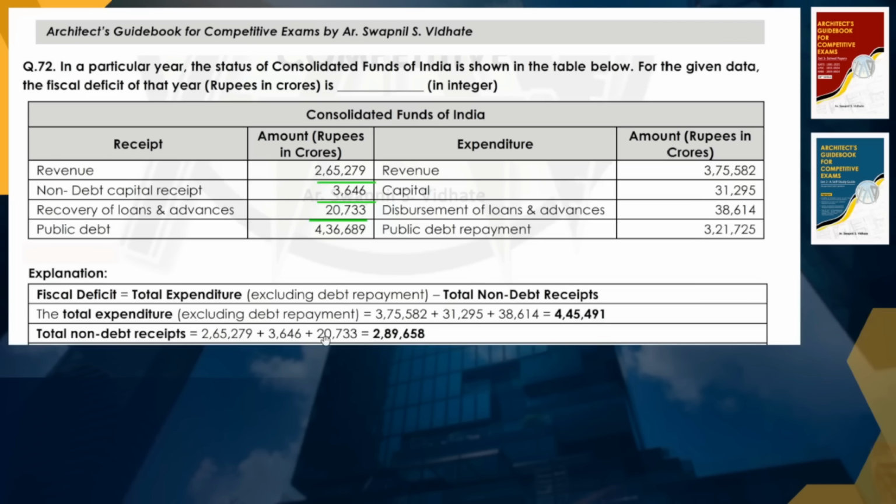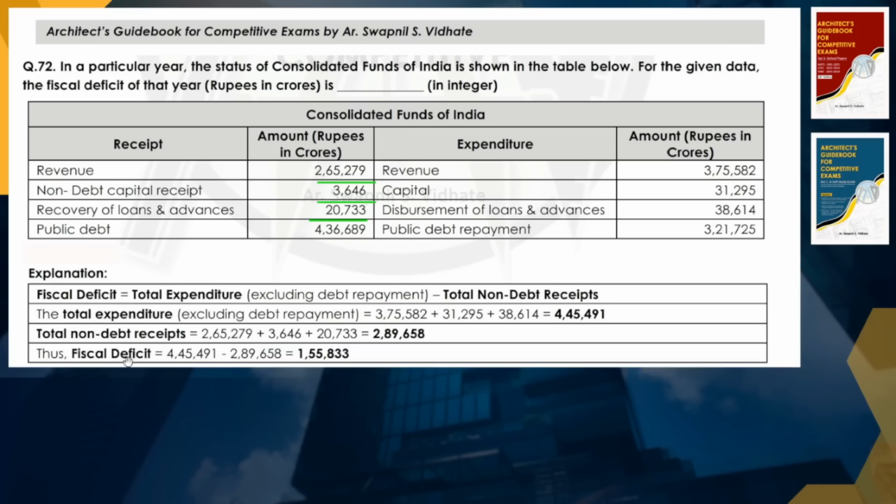You can use the calculator. The sum will be 2,89,658. So as we have just discussed the formula, fiscal deficit will be 4,45,491 minus 2,89,658. The figure will be 1,55,833. So this is the answer which was expected in the final answer key.